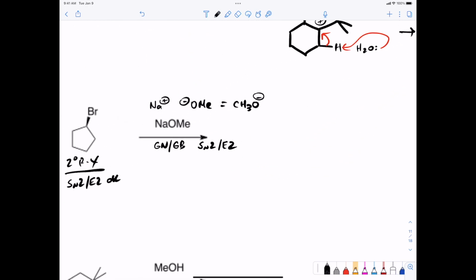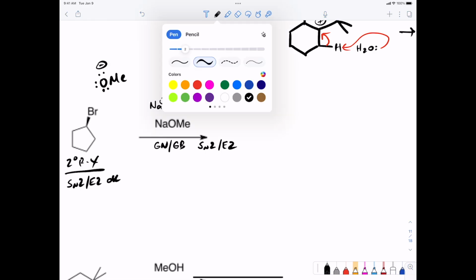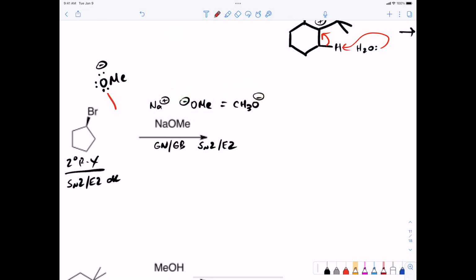Right, so the SN2 product would be, if the nucleophile methoxide attacked the sigma star of the carbon-bromine bond to give me the substitution product. Now, I am drawing this with a switch in configuration.